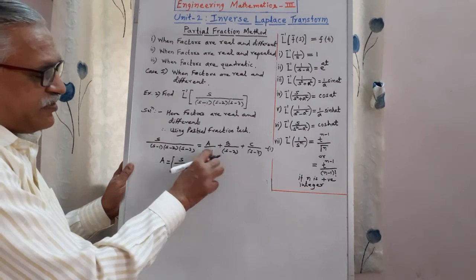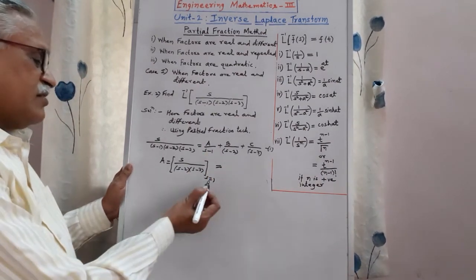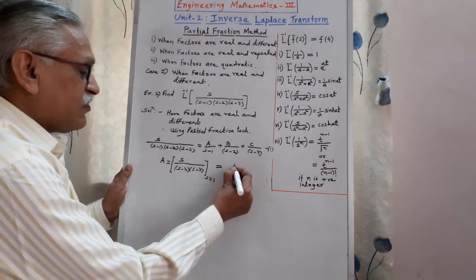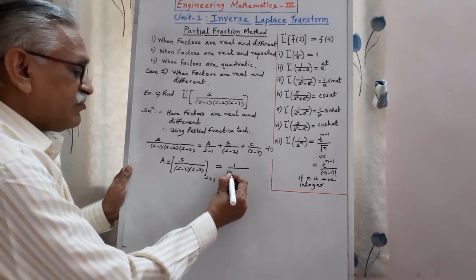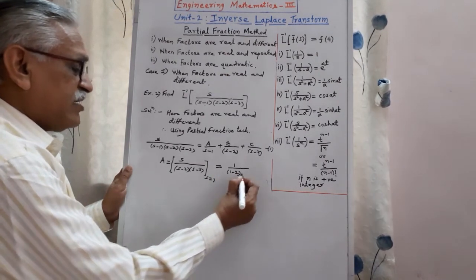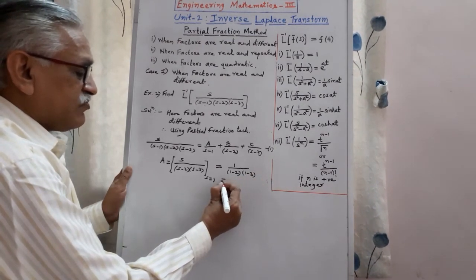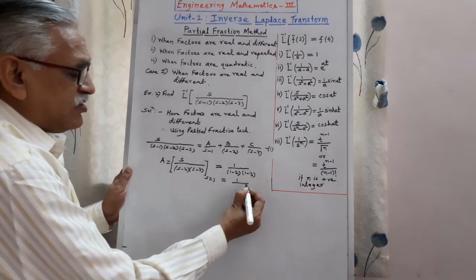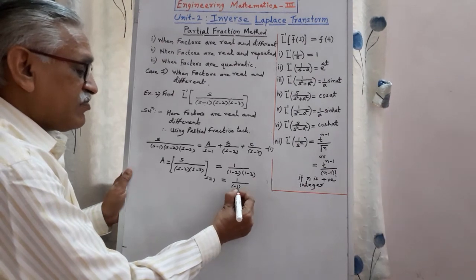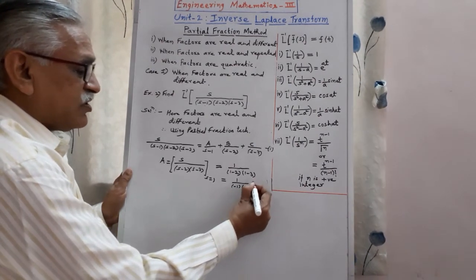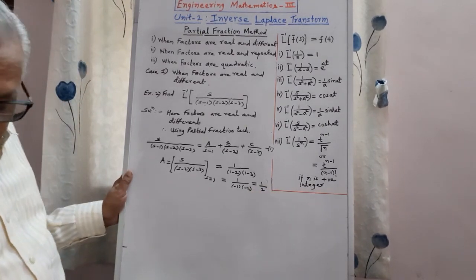Equating this to 0 we get s equals 1. Putting s equals 1 here, we get 1 upon (1 minus 2)(1 minus 3), which is 1 upon (minus 1)(minus 2), and that value is 1 by 2. This is the value of A.